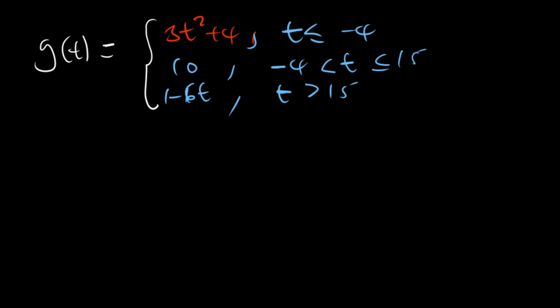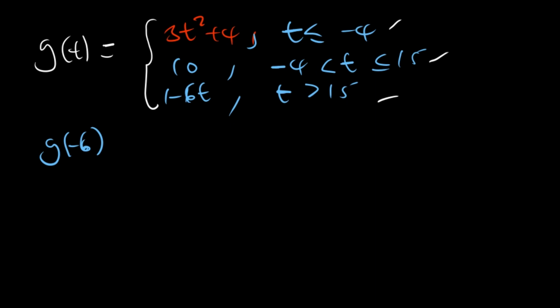The first question was g of negative 6. This was the simplest piecewise function I've ever come across. So g of negative 6, you check the conditions. These are your conditions. Which one between the three is including negative 6?